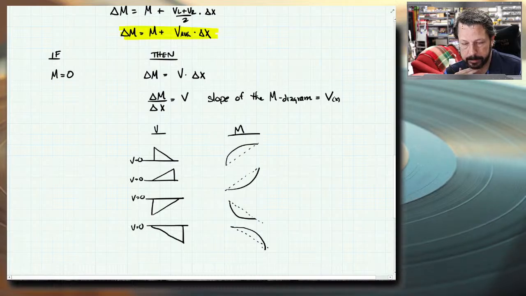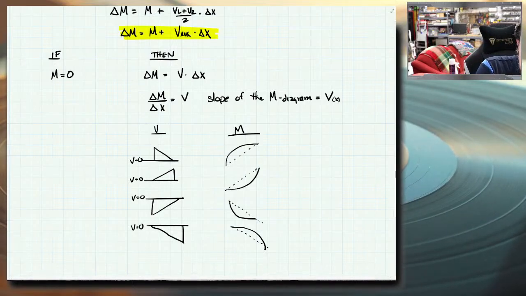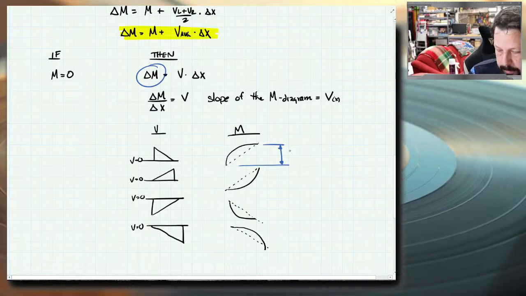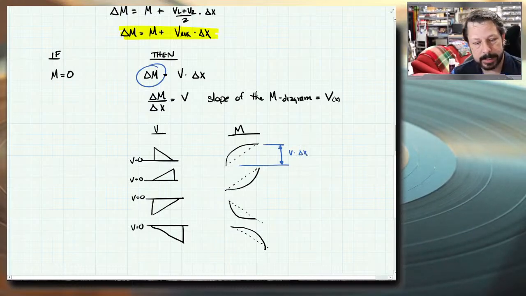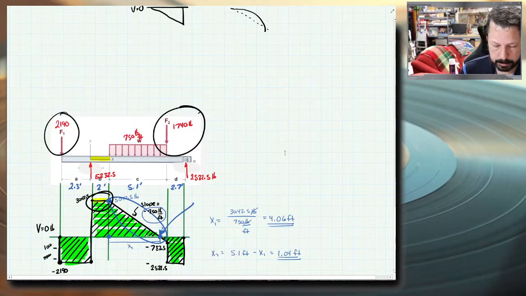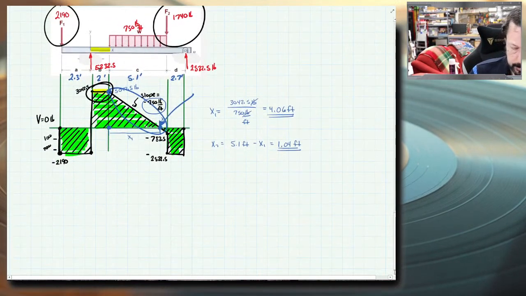The other thing is the change. The height here is equal to, you can kind of see it right here, delta M equals V times delta X. Delta X doesn't always have to be a tiny little sliver. Delta X could just be X, like for this first area.